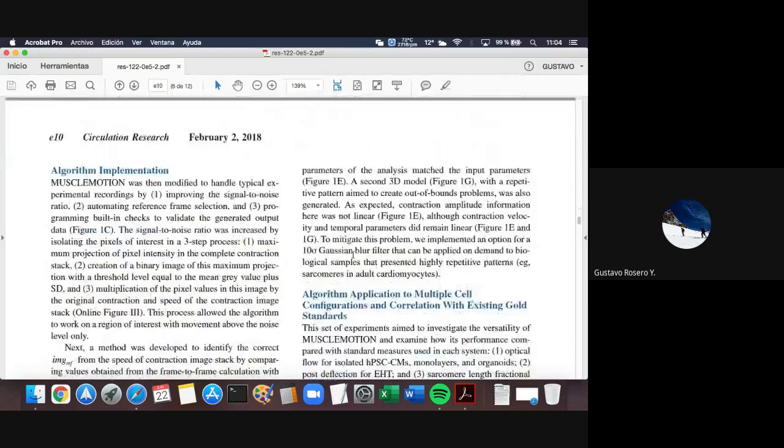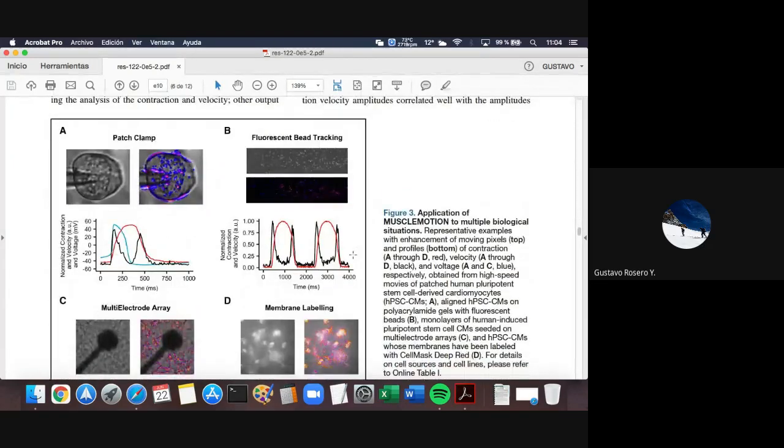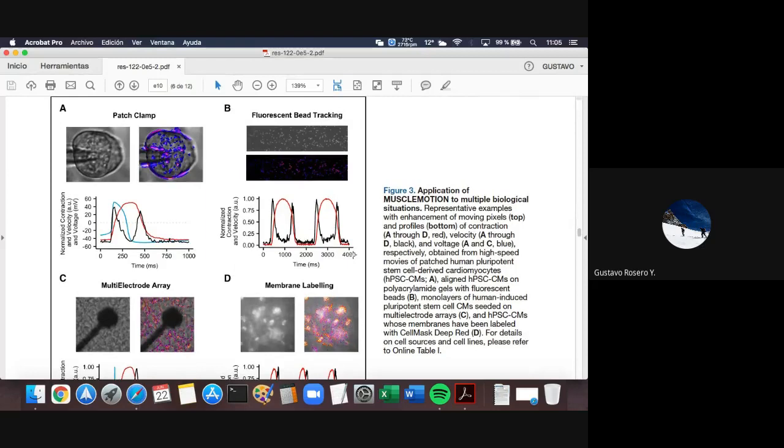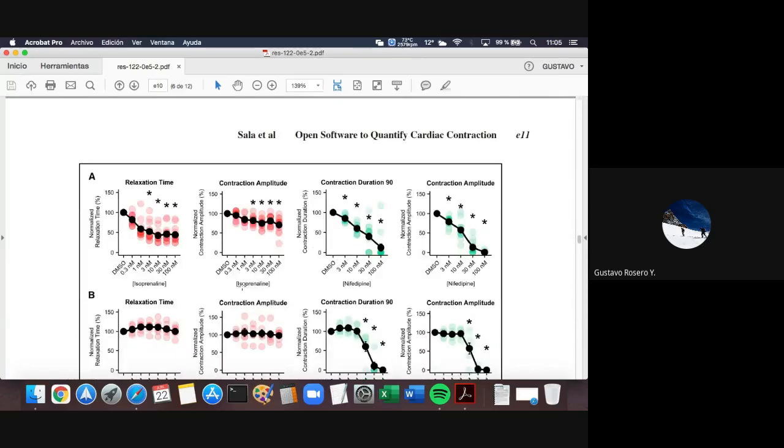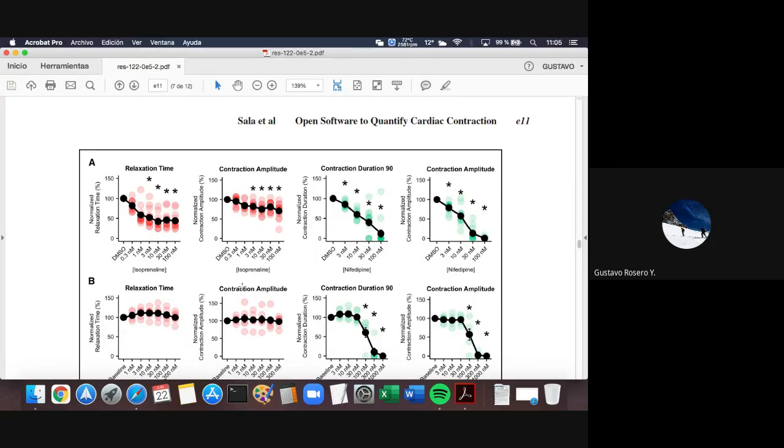Okay, and the second thing that they use in order to standardize, or in order to see the experiments, is fluorescence, in order to see if the algorithm adjusted with the predictions, or with the measurements. And then they use drugs in order to see what is the behavior of the cardiomyocytes, and they put these points.